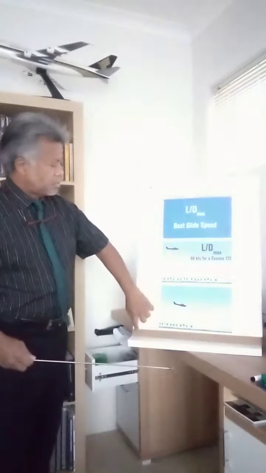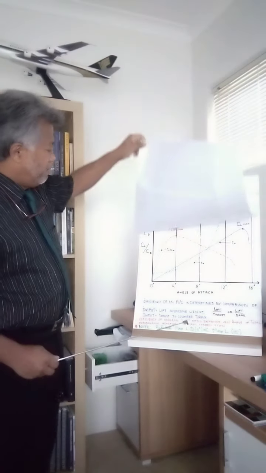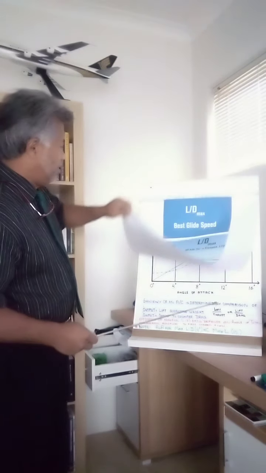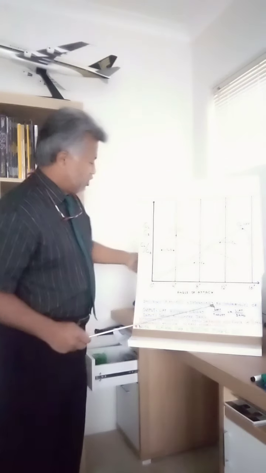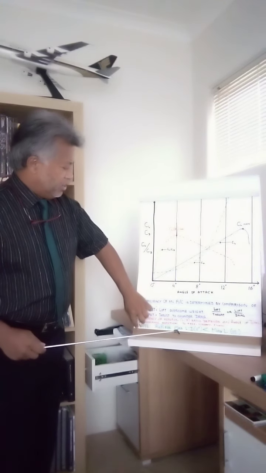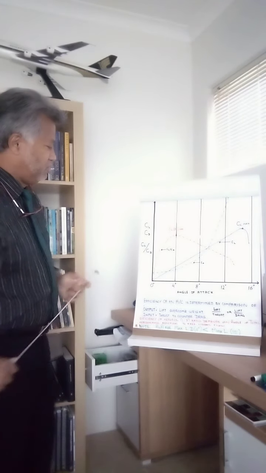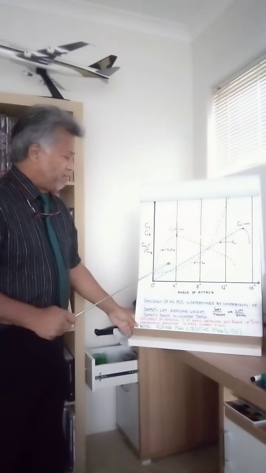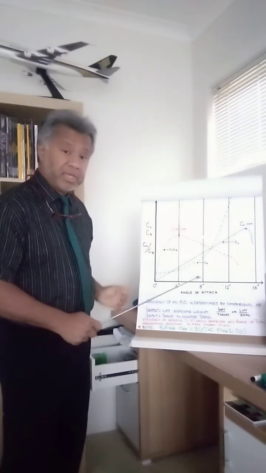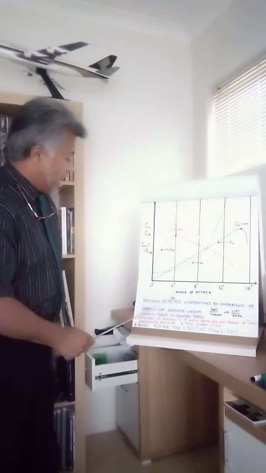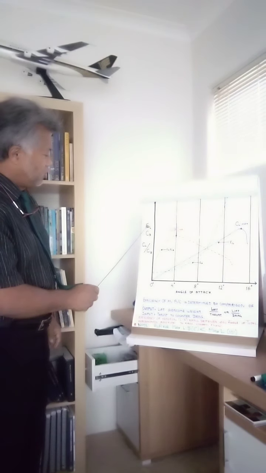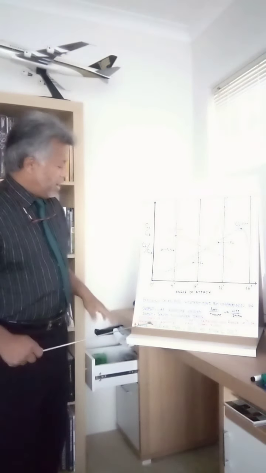All right. So finally, we look at the graphs that show the relationship of angle of attack and the coefficient of lift. The second-to-final graph here is angle of attack versus coefficient of lift, coefficient of drag, and lift-drag ratio.